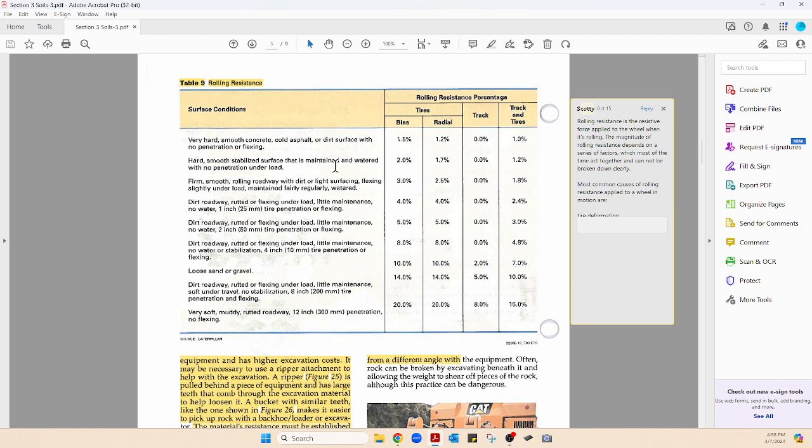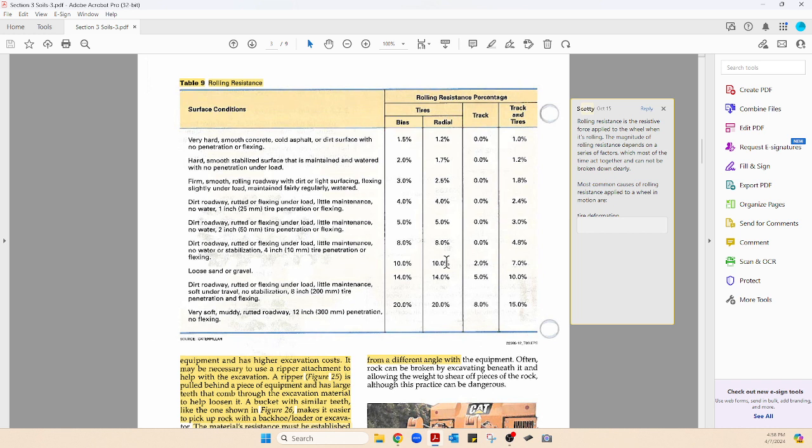So if he's hauling 80,000 pounds, 40 tons, and the truck weighs 20,000, the total haul truck and the payload is 100,000 pounds. So the rolling resistance in sand, or gravel, let's find that. Loose sand or gravel, right here, hope you can see it. And let's go straight across to radial tires.